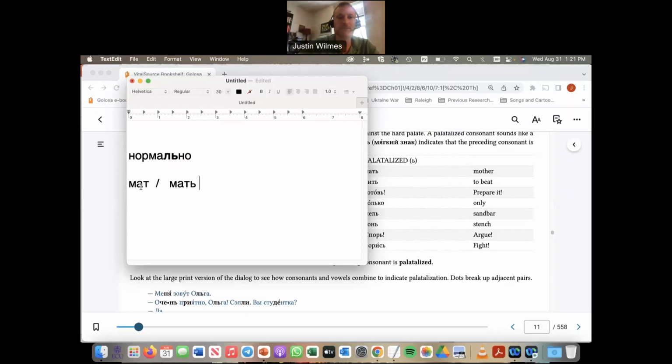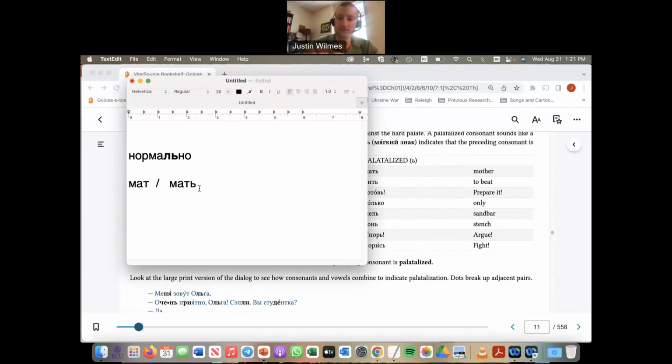If you say a T sound, it's T, T, T. You're hitting off the back side of your front teeth. But when you say mat, you're still hitting off the same formation, but at the same time, you're pressing your tongue up to your palate a little bit. So instead, mat, mat.